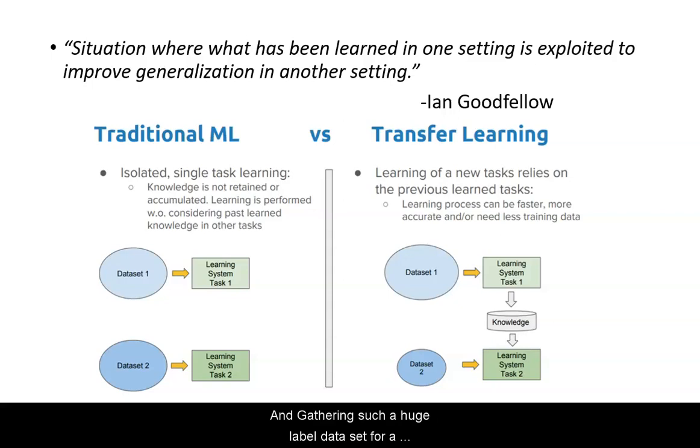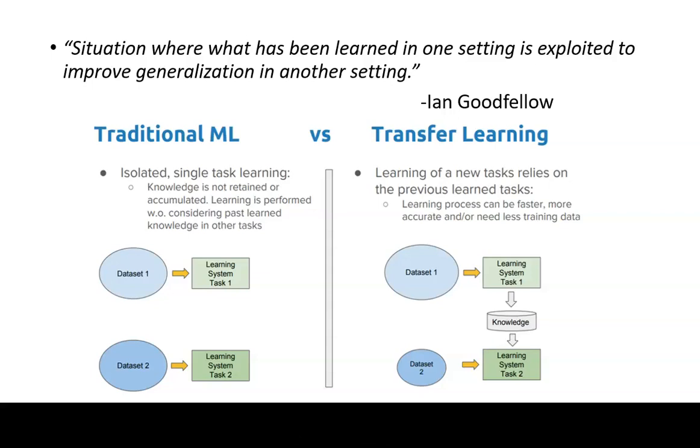And gathering such a huge labeled dataset for a supervised learning model can be very difficult as well as costly. And of course, we have the ImageNet dataset which has millions of images. However, getting such a dataset for every domain in computer vision is really challenging.